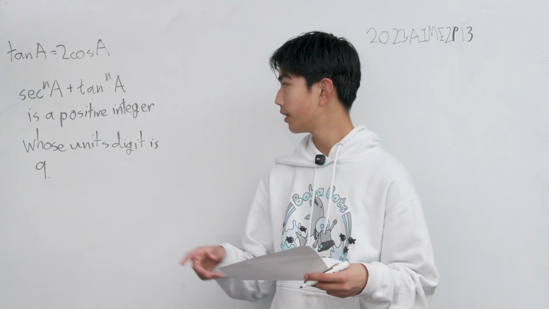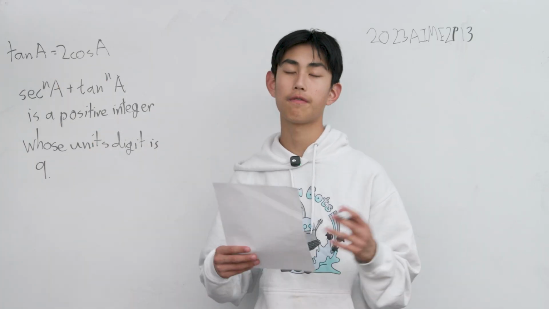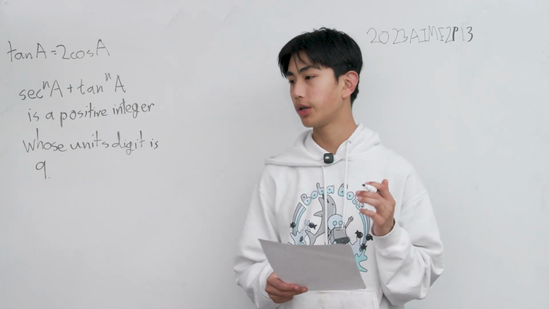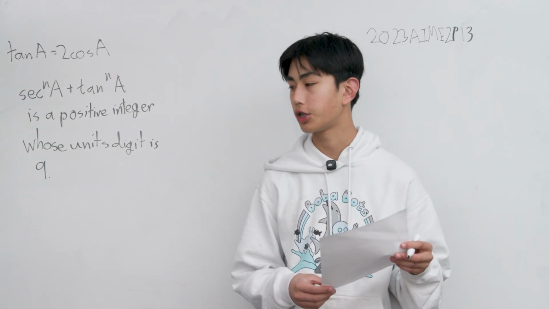So we are given this property right here, tangent of A is equal to 2 cosine of A. Now this is very important because we can use this for some trigonometric manipulation.